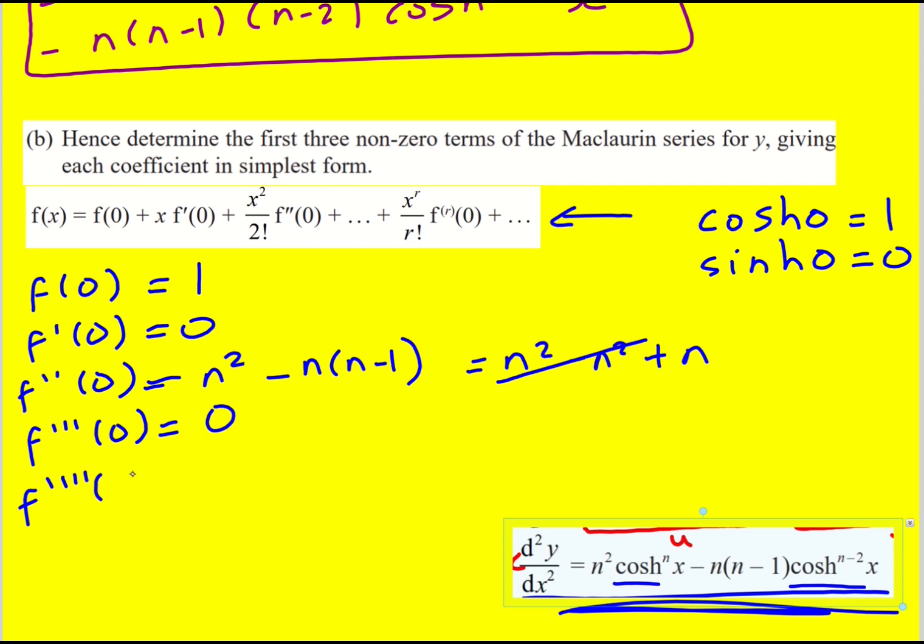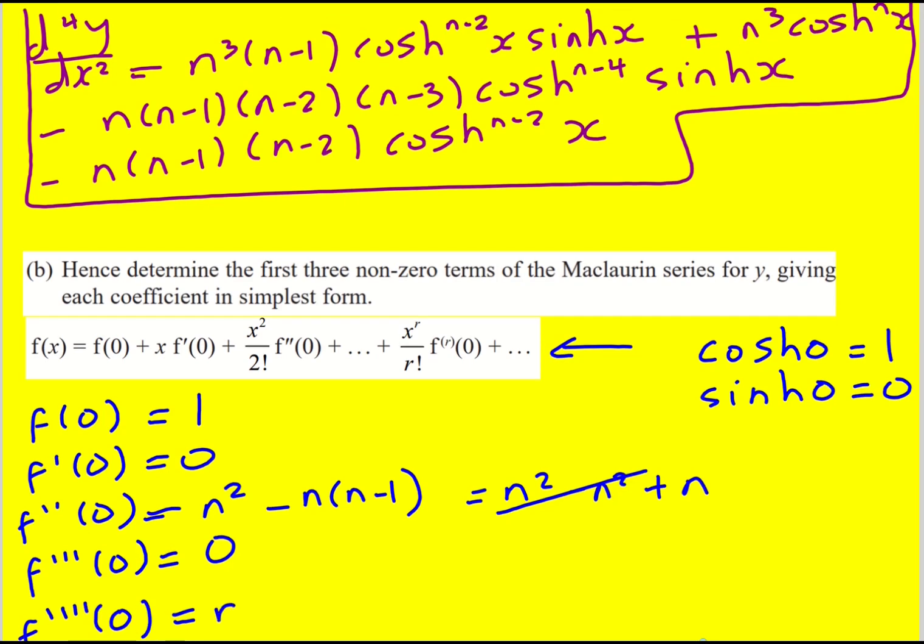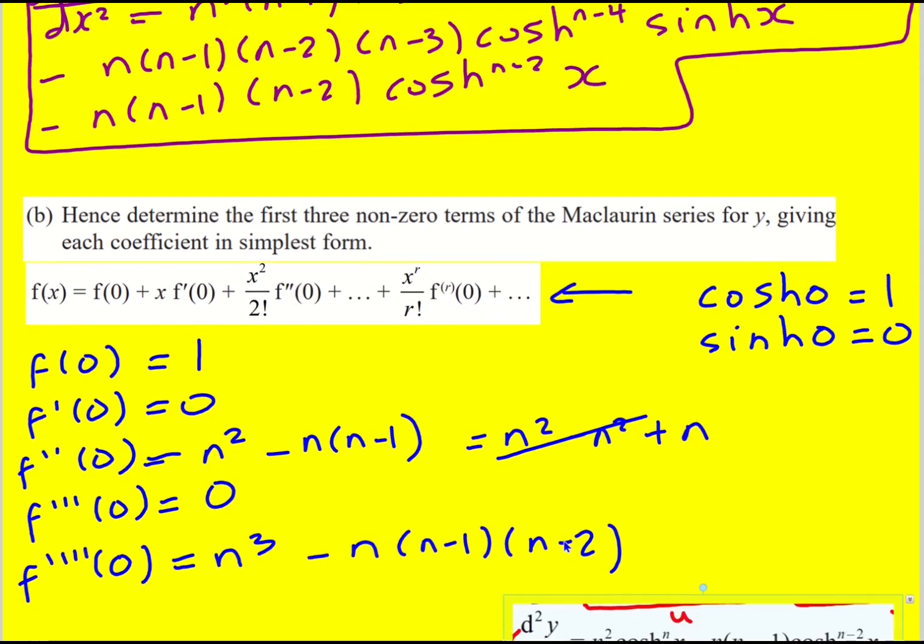This just leaves us the fourth derivative evaluated at 0. So all of these evaluated at 0. This is why we definitely don't want to simplify it. That term is going to disappear, as is that term. So we're just going to get n cubed minus n minus 1, n minus 2.